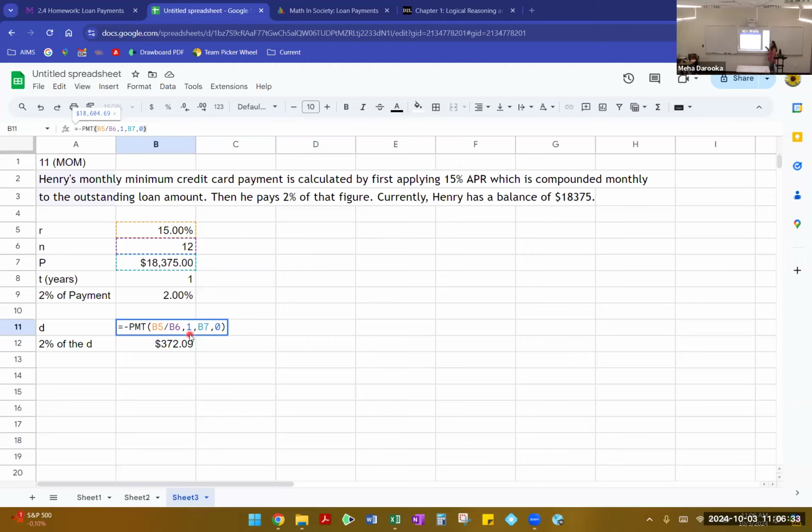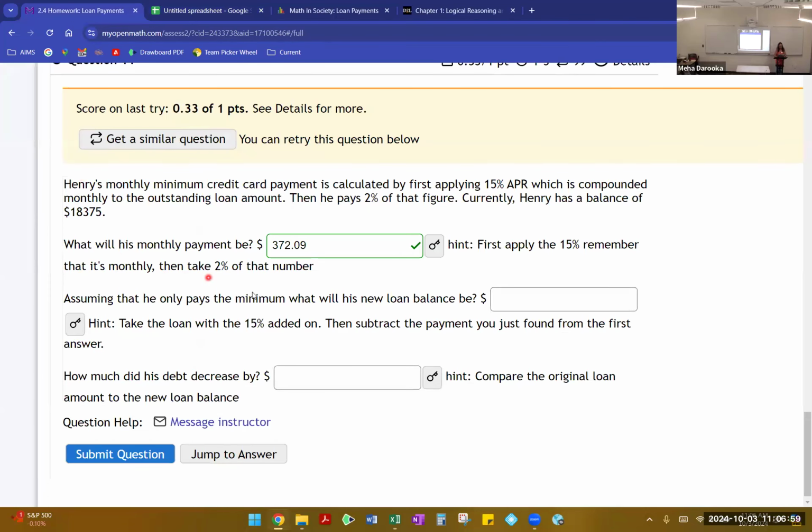And remember, that's kind of why I wanted to do a credit card example, because these are a little bit different than your traditional loans, right? Traditional loans, you can keep for 3, 4, 5 years if it's a car loan, 30 years if it's a mortgage. But obviously, we cannot do that with credit cards. That's the one thing you will need to be mindful of as you go through this. Okay, so that was our monthly payment.